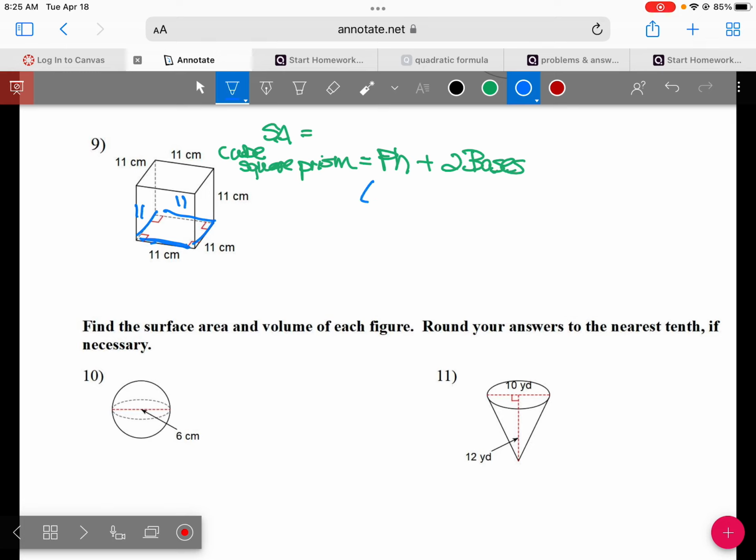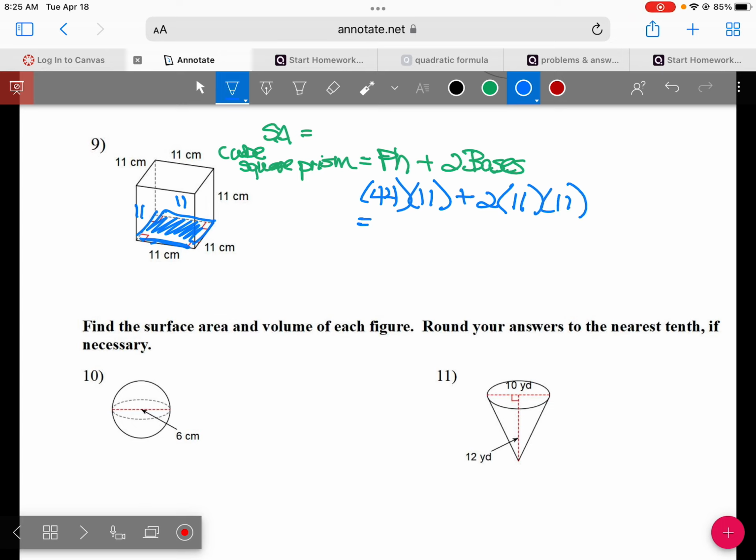That would be 44 times the height of 11 plus what is the area of this base? It's a square, right? Which is side squared, or 11 times 11.